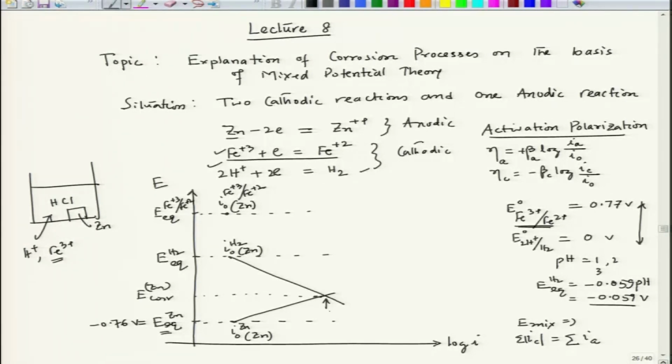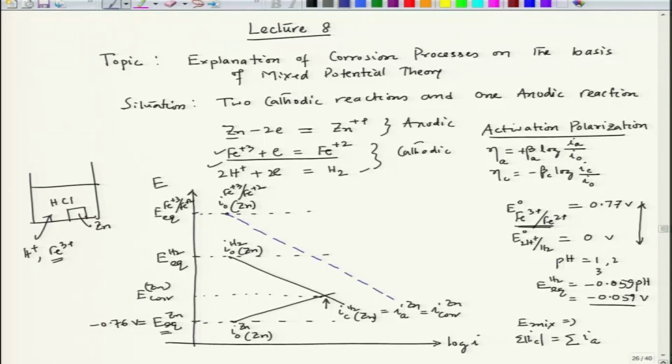So, at this condition, IC of hydrogen on zinc equals IA of zinc equals I cor of zinc. Now, the other reaction is also following its own polarization. Let us say this is the polarization of the other reaction, Fe plus 3 plus electron equal to Fe plus 2. So, this is going like this, fine.